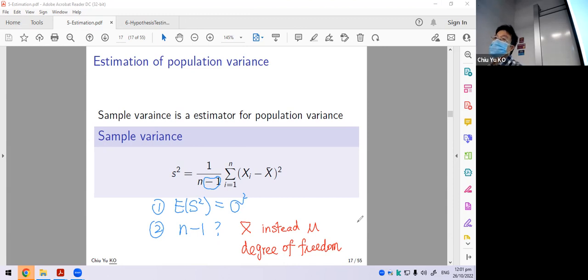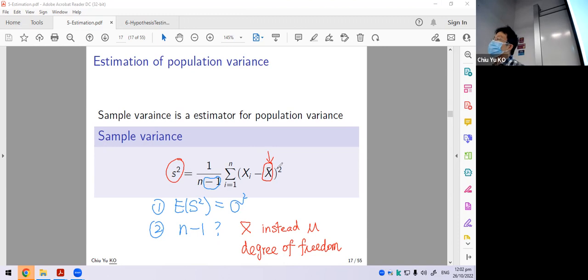When we try to estimate variance or anything else, if our estimate depends on things that we have to estimate first, we need to first estimate x bar. So in order to estimate something, we need to do one thing else, and then the degrees of freedom are reduced by 1. If you estimate two things, you subtract two. That is the general concept.